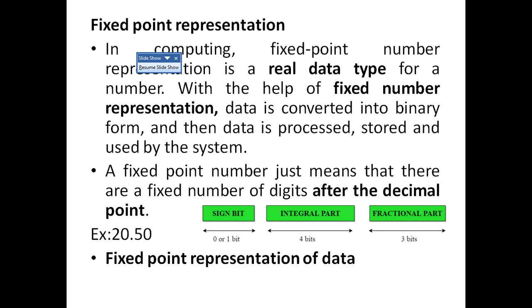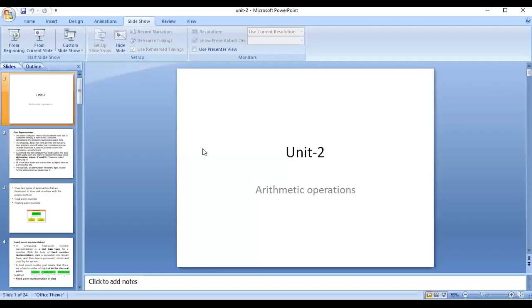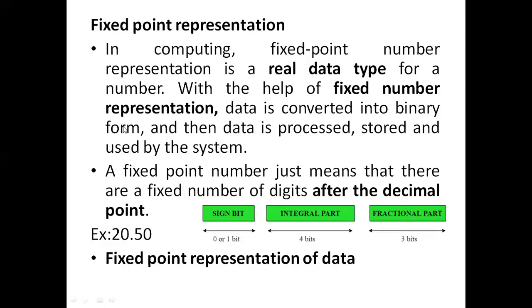The first field is the sign bit, the second field is the integral part, and the third field is the fractional part. The first field size is 1 bit, the second field is 4 bits, and the third field is 3 bits. Based on the architecture, the field sizes will vary.